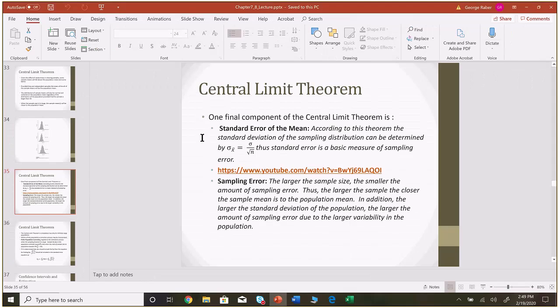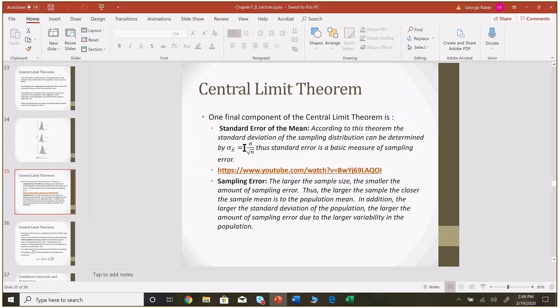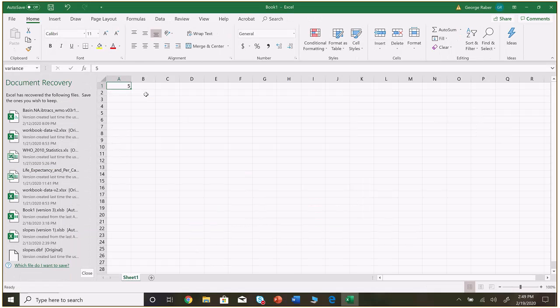Okay, so like in Excel, let's just say we have a value that is 5. Let's just call that variance. So the variance in the population is 5. Then 1, 2, 3, 4, 5, 6, 7, 8, and I'll go down to 30.